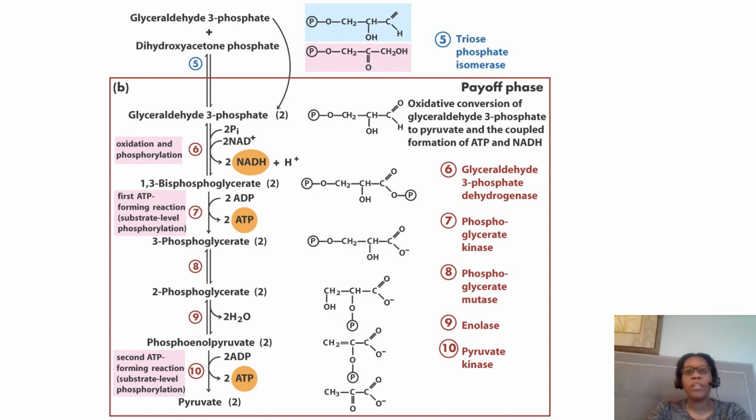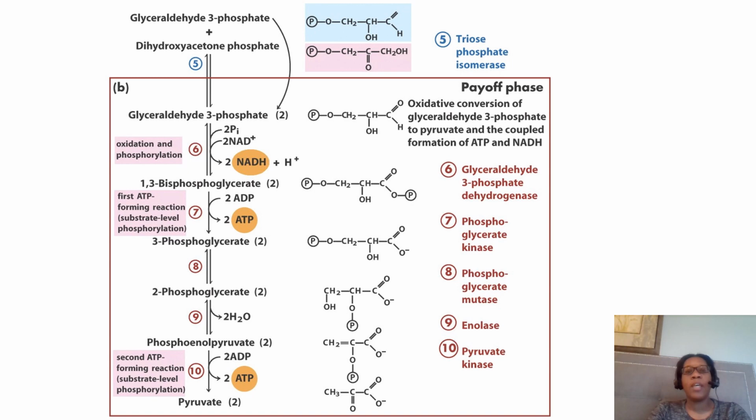So our glyceraldehyde 3-phosphate dehydrogenase, basically GAP dehydrogenase, is going to take a hydrogen from our GAP molecule and add it onto NAD+ and create NADH. Since we have 2 molecules of GAP, we create 2 molecules of NADH.